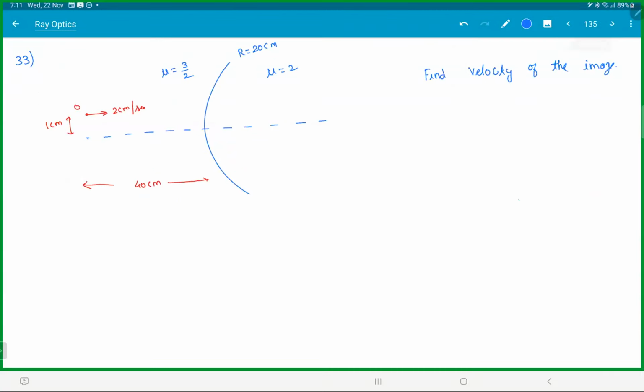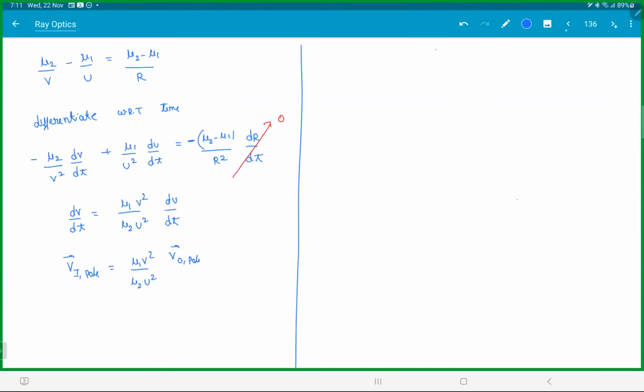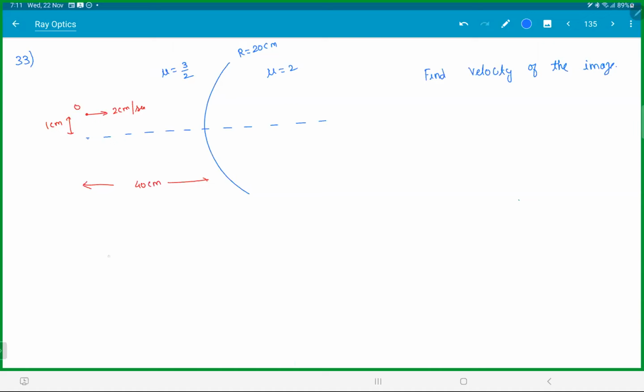Now from here, if you can get this data, I'll do one thing. I'll just calculate the value of v from here. 2 by v minus 3 by 2 by minus 40 is equal to 2 minus 3 by 2 by 20. 2 by v minus 3 by 80 is 1 by 40. 2 by v is minus 1 by 80.